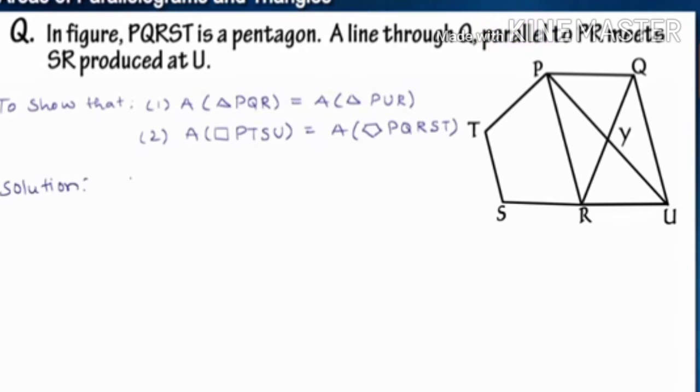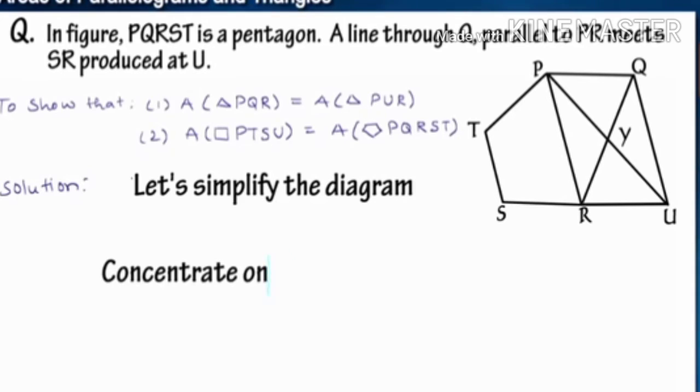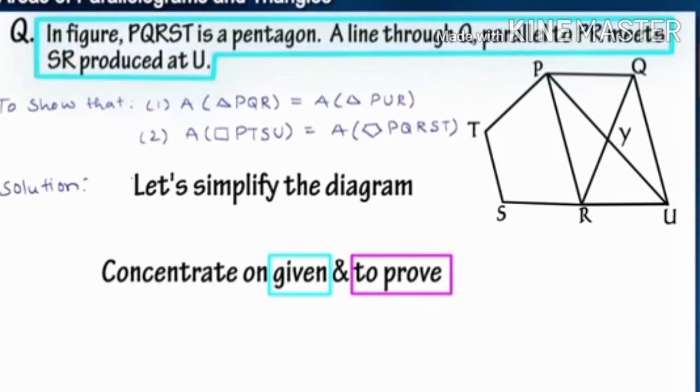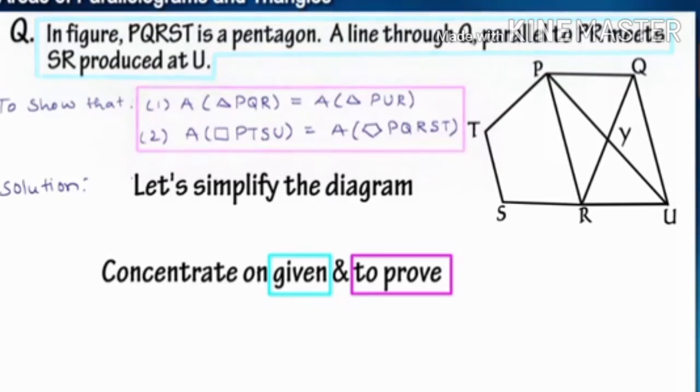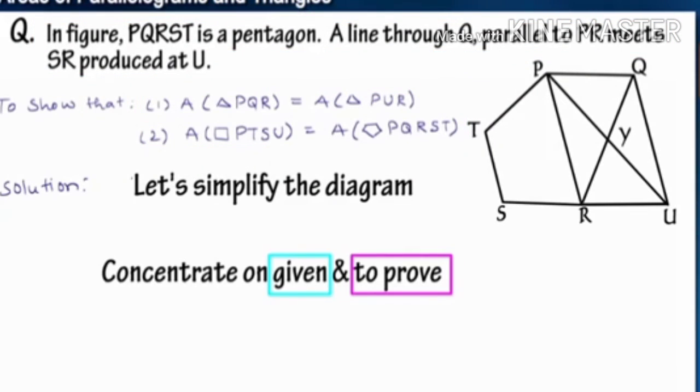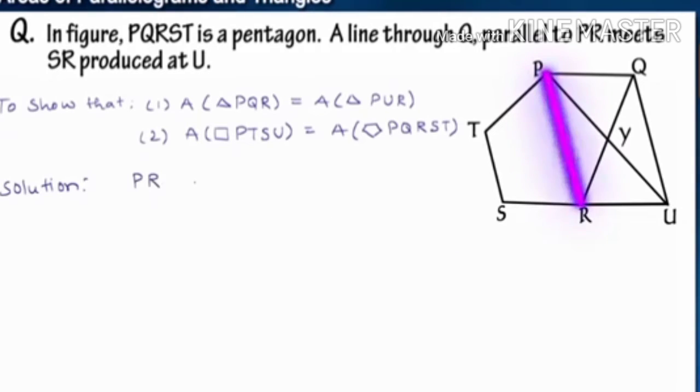Now we have to prove that the area of triangle PQR is equal to the area of triangle PUR. Next thing is, you don't have to be afraid by looking at the diagram. Let's just try to simplify the diagram and concentrate on the part we are given and need to prove first. So the most important part in such questions is to find out the parallel lines, which are PR and QU.